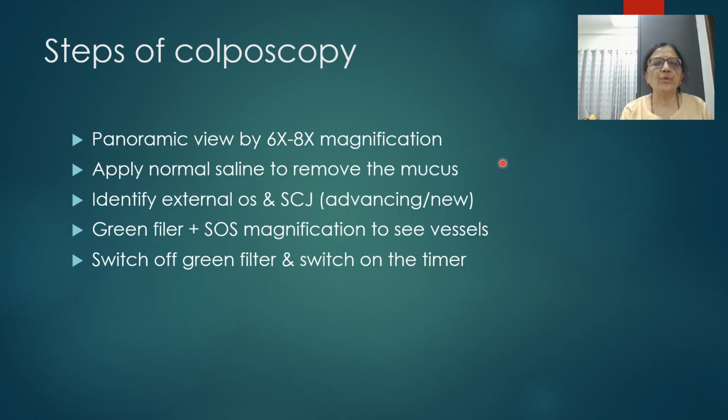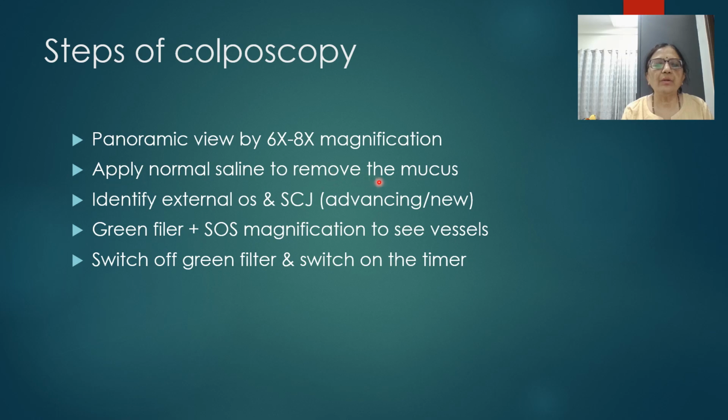Steps of colposcopy. Initially, we should go for a panoramic view of the cervix after exposing the cervix with the speculum. The usual magnification used is 6 or 8 times for this initial impression about the cervix. That is called a panoramic view. One has to then apply normal saline to remove all the mucus.